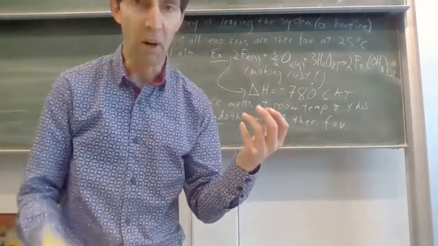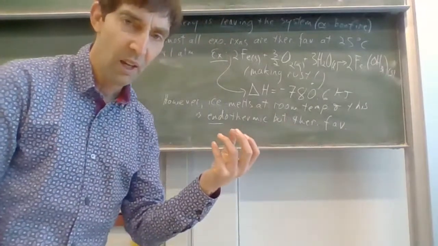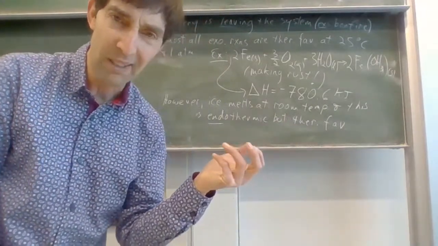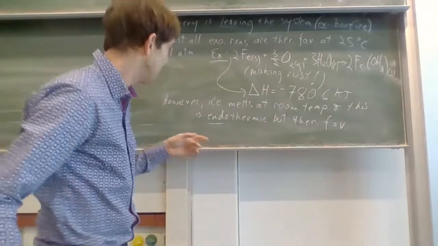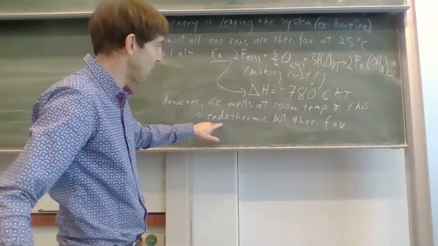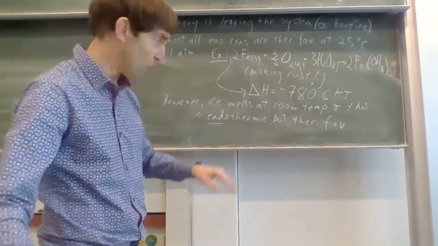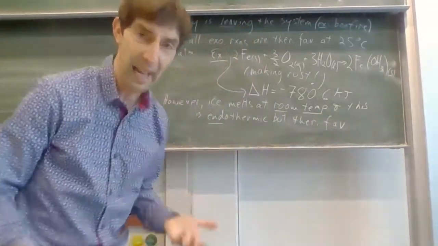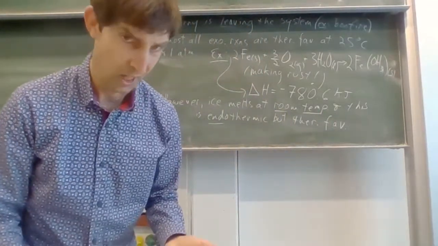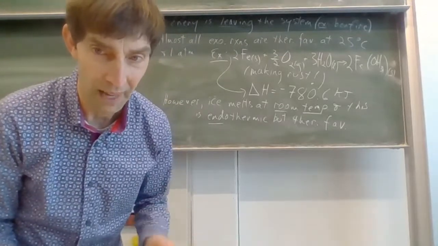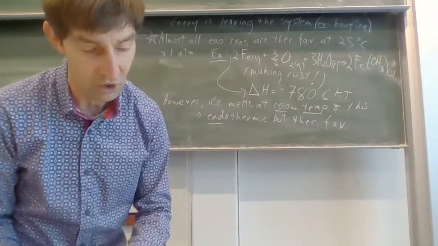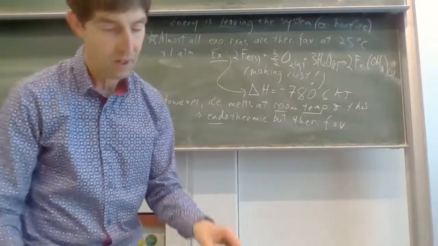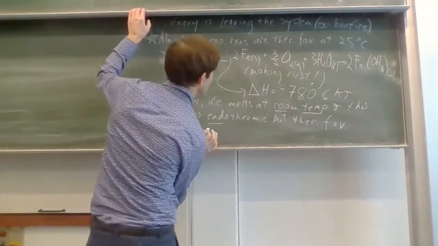So if I had a snowball in my hand when we had snow, of course it's going to melt in the classroom because it's above its melting point. But it's still an endothermic reaction, and it would be thermodynamically favorable at room temperature. So sometimes if I increase the temperature enough, I can make an endothermic reaction thermodynamically favorable. That's my point.